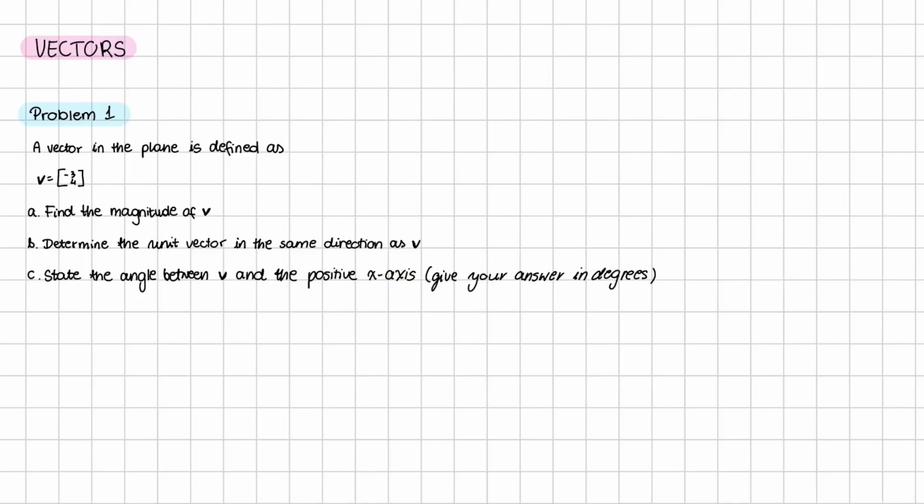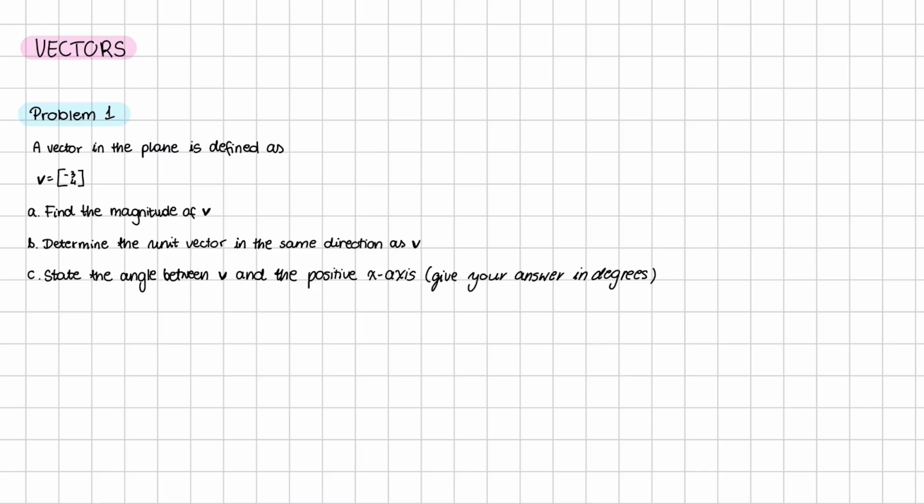Problem 1. A vector in the plane is defined as v equals (-3, 4). A. Find the magnitude of v. Here we have to use our formula for the magnitude of the vector.